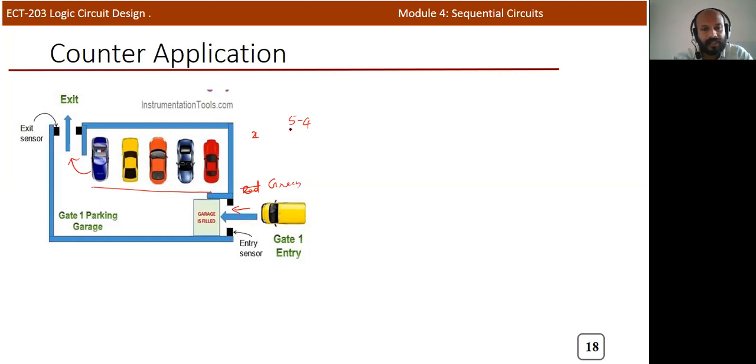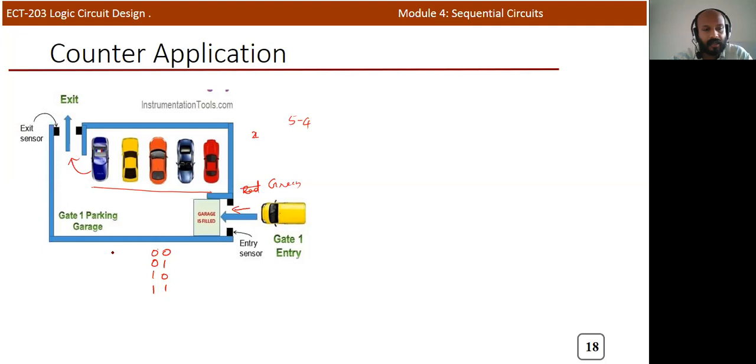Here I mentioned this counting system using a decimal system, but in a digital system we cannot directly implement decimal counting, but we can use binary counting. For example, if you use two binary bits, you can count 00, 01, 10, 11. So by using 2 bits, you can count up to 4.